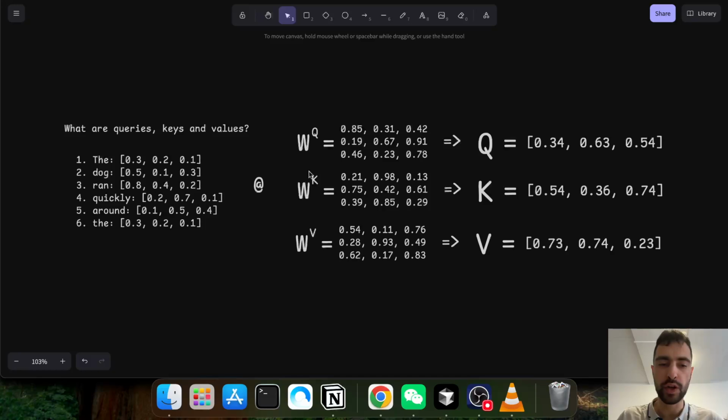Now, if you are wondering, why do we need to calculate a key to show what context the token has? Why don't you just use the token embedding to show which context the token has? And I'm actually not sure. Maybe I will be able to explain in one of the next videos. But also, these embeddings are a lot longer than these key embeddings.